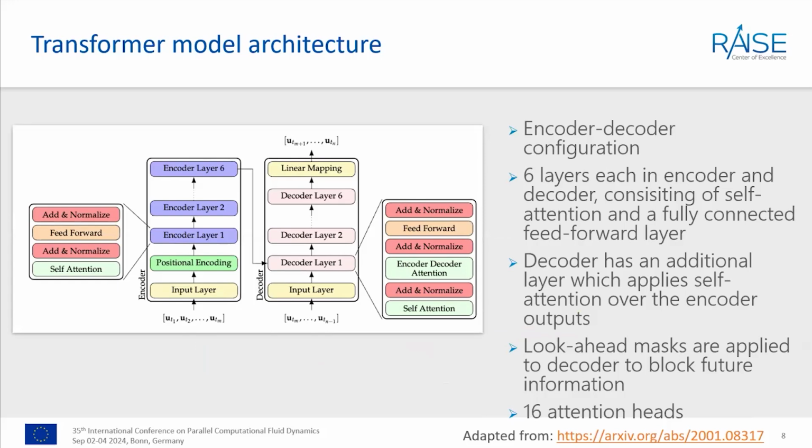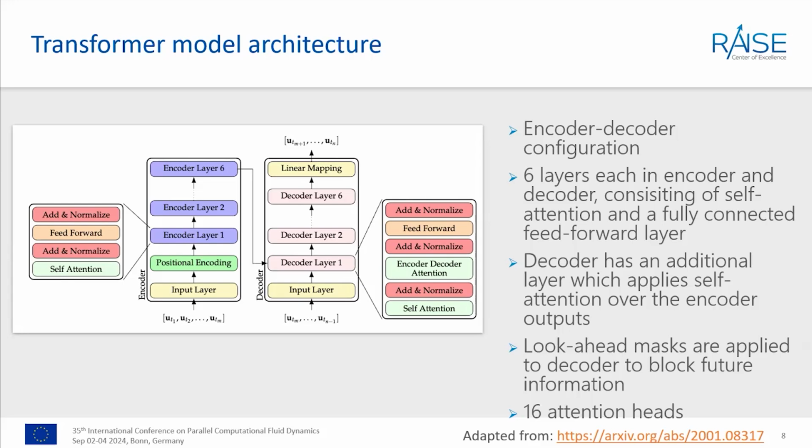To look at the architecture, we adopted an architecture which was initially used for a dynamic problem. There we have an encoder-decoder configuration, where the encoder has 6 layers. Initially, there is an input layer and a positional encoding. Each of these encoder layers has, as you know, self-attention and feed-forward layers followed by normalization.